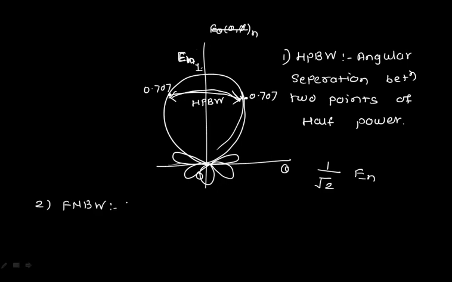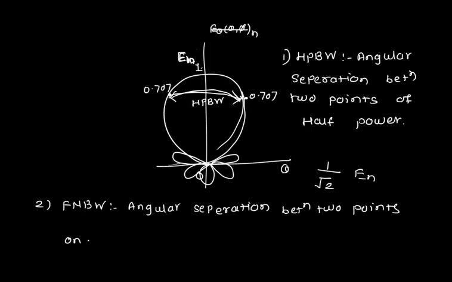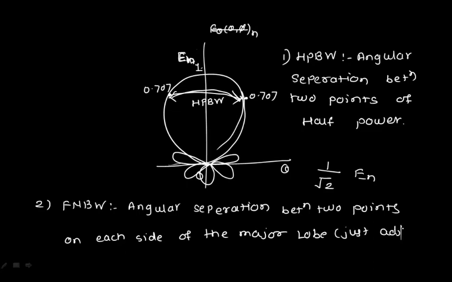The definition of first null beam width is nothing but the angular separation, or you can say an angular distance between 2 points on each side of the major lobe, just adjacent, not too far away.